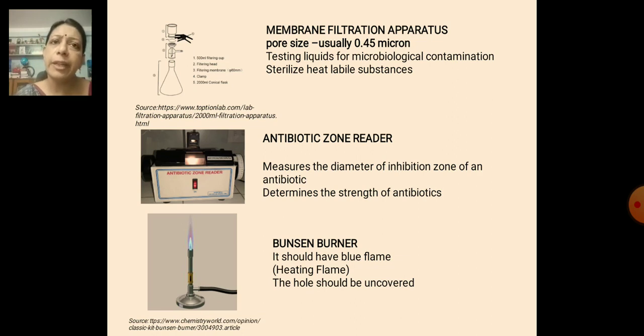Now, when it passes through the membrane, then what will happen? This membrane has a pore size of 0.45 micron. So, any microorganism of larger size than 0.45 micron will not pass through this membrane. We can use it in two ways.